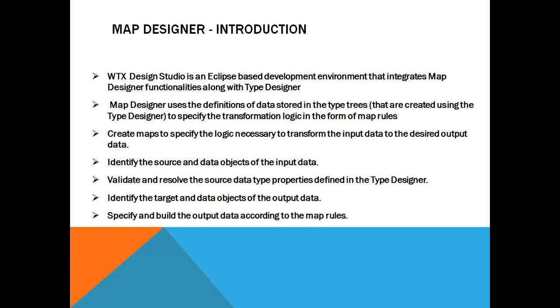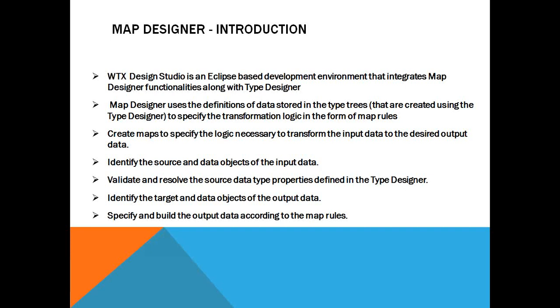The map designer uses the definitions of the data stored in the type trees to specify transformation logic in the form of map rules. So what is a map? It uses the definitions of data. Where will you create the definitions of data? We create them in the type trees.